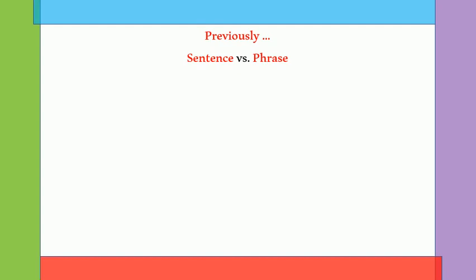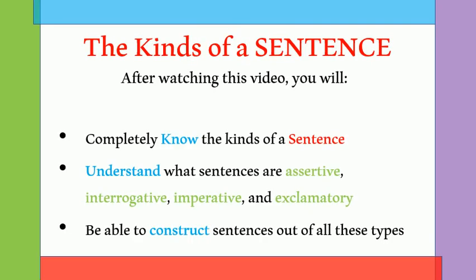So if you want to gain a complete knowledge and proceed further with the kinds of a sentence, I would definitely urge you to go back and find out the difference between a sentence and a phrase, so that you can move forward and understand better the things we are going to discuss next. With that said, we'll move on to today's lecture, that is on the kinds of a sentence.